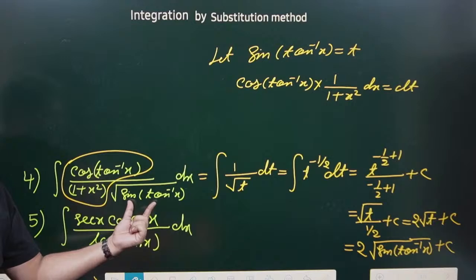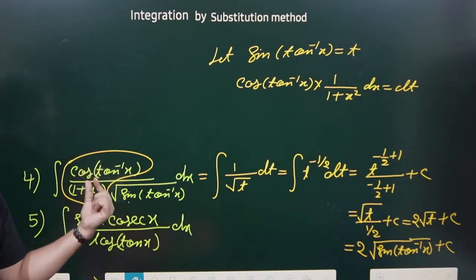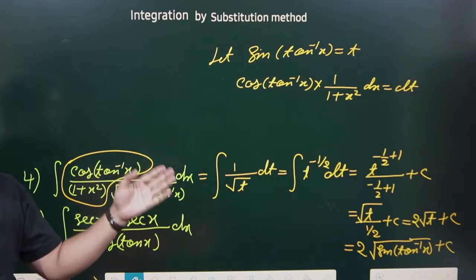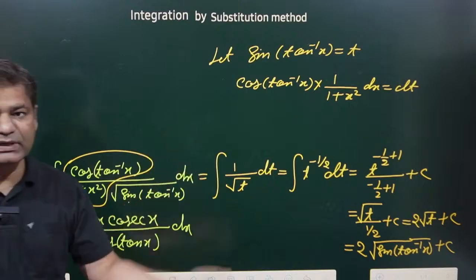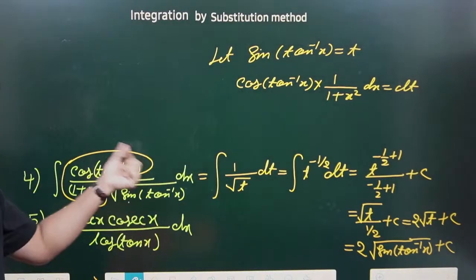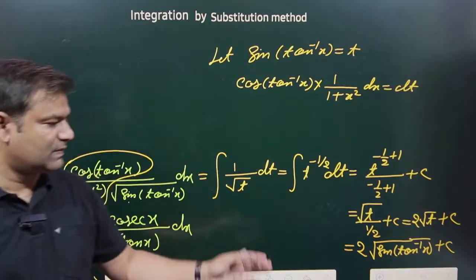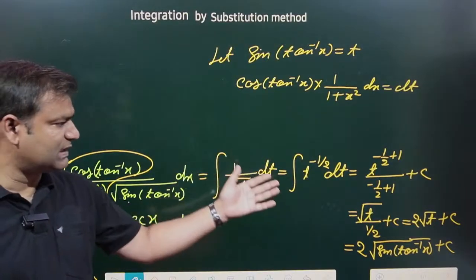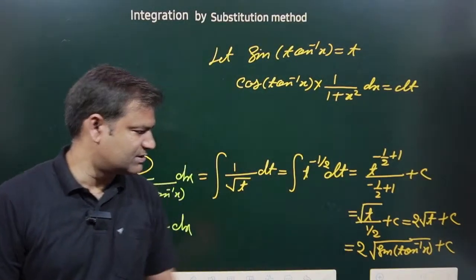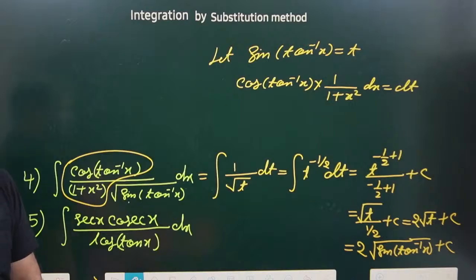If this one is taken as g(x) and that is g prime(x), then if g(x) is taken as t, what about that value? Simply dt. Then put that value, integrate, and we get the final answer.